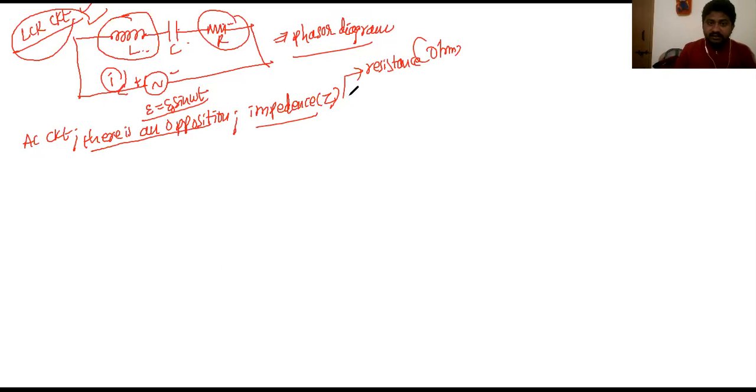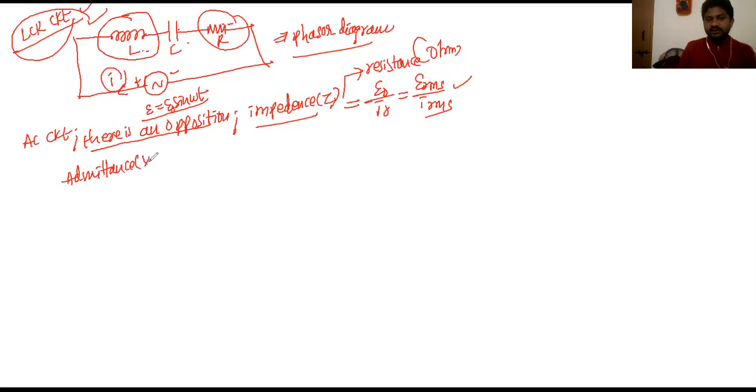This impedance can be written as follows. Generally I is equal to V by R, so resistance is V by I. So this may be E naught by I naught, or ERMS by IRMS, my dear students. E naught by I naught is equal to ERMS by IRMS. Remember this impedance. The opposite of impedance is called admittance.